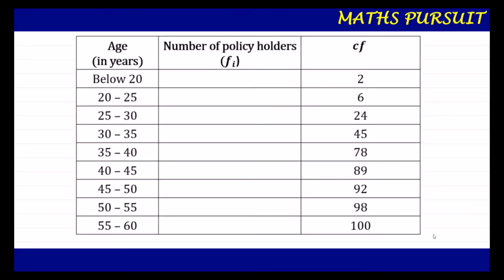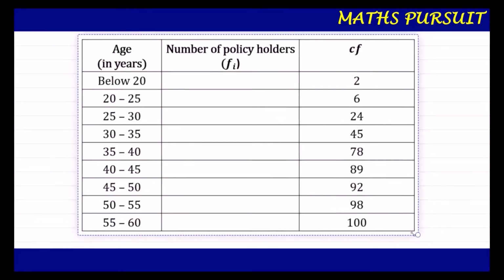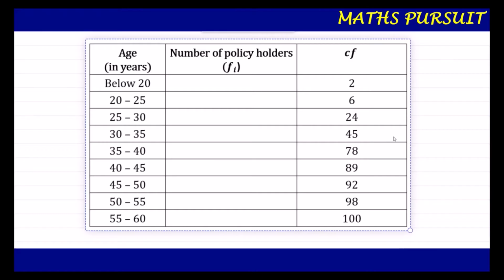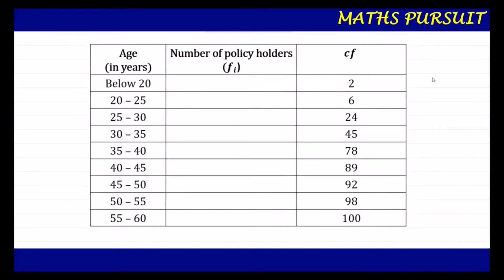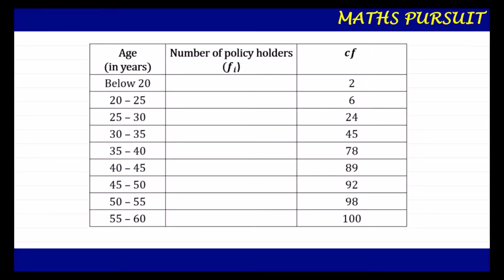Now you could see that I have arranged the given data in a tabular format, and I have also converted the data that was given like below 20, below 25, below 30 to a series or a class interval where there is an upper limit as well as a lower limit. Now after converting the data, let us find out the frequency, because I told that they have given us the cumulative frequency.